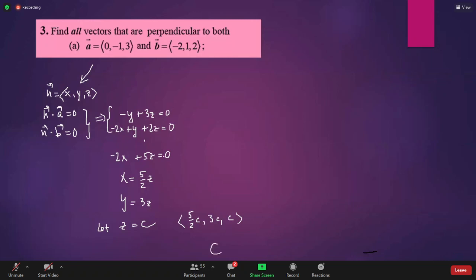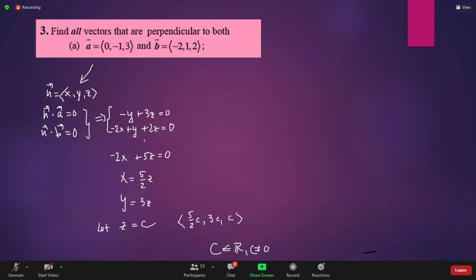Well, not 0, evidently, because the 0 vector cannot be perpendicular to anything, because it doesn't have a direction. So c is any real number, just not 0. I can take c anything, and I get all the vectors, so all the vectors can be written in this general form.